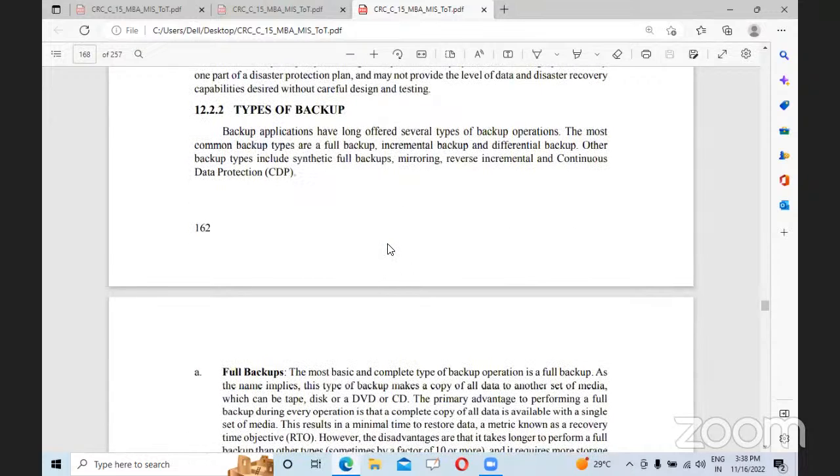Next topic is types of backup. Backup applications have long offered several types of backup operations. The most common backup types are full backup, incremental backup, and differential backup.